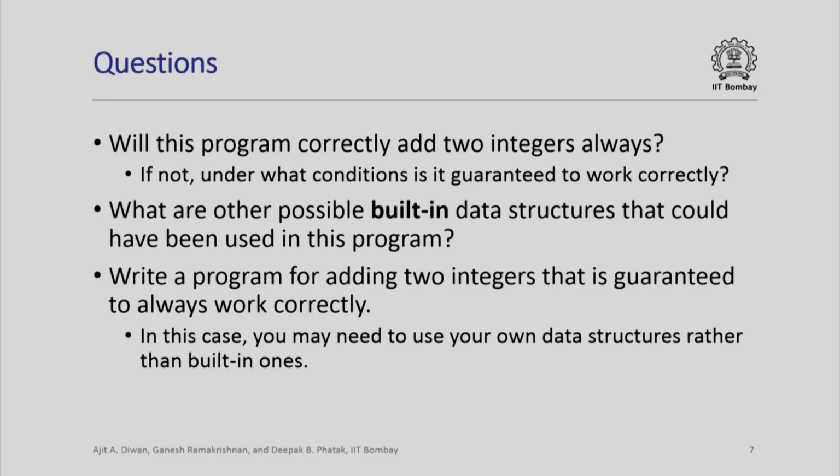The int type has some restrictions on what integers can be represented, so it is not guaranteed that this will always work correctly. Also, there are other built-in data structures that could have been used in this program. Can you think of some possible structures? There are other ways of representing integers in a C++ program, which could also have been used here.